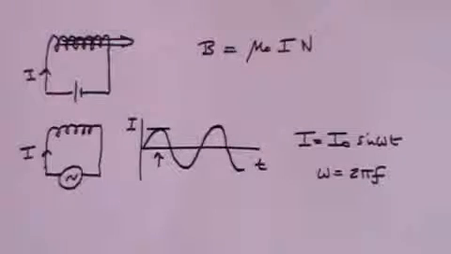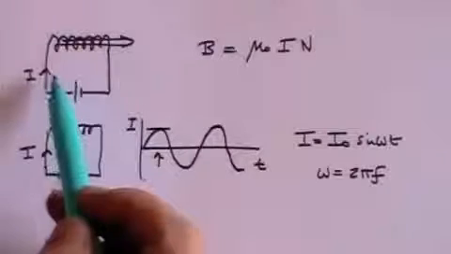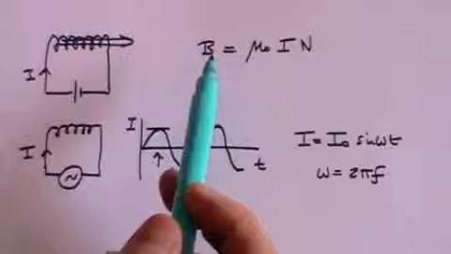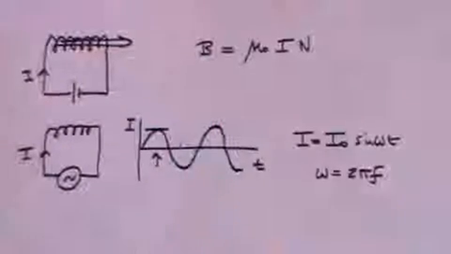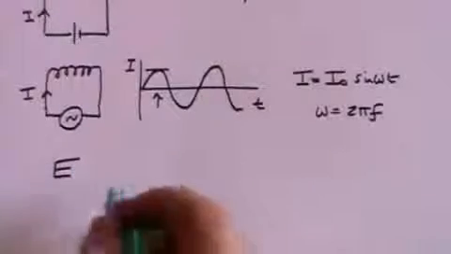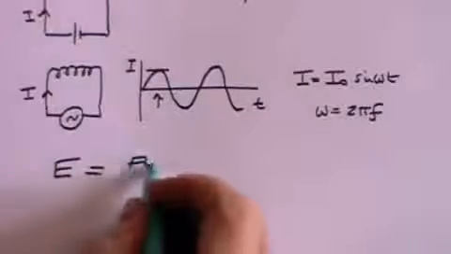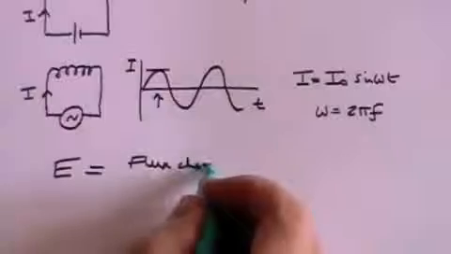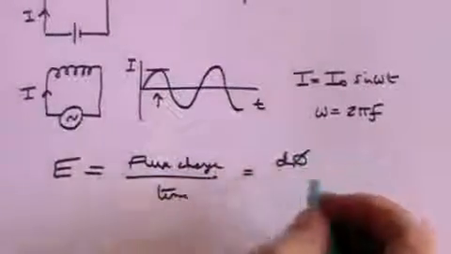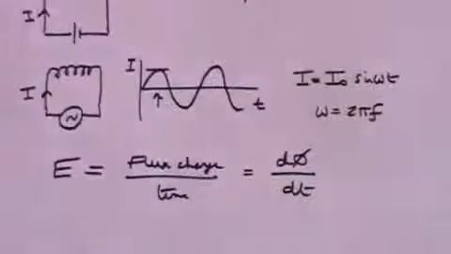Well, Faraday says that as far as induced EMFs and induced currents are concerned, if you have a steady current and thus a steady magnetic field, you don't get any induction at all, because Faraday says that an induced EMF is equal to flux change divided by time, which is usually written d phi by dt.